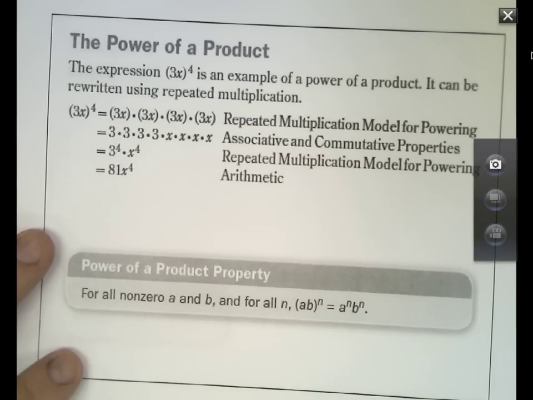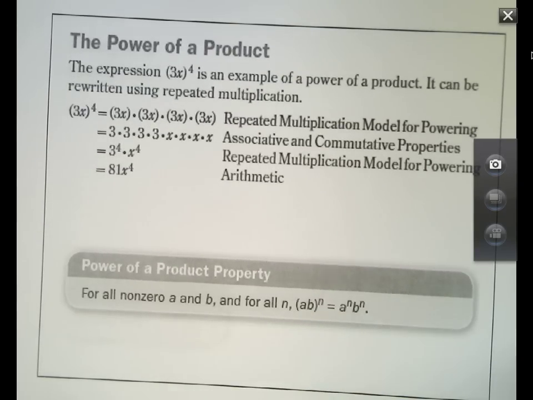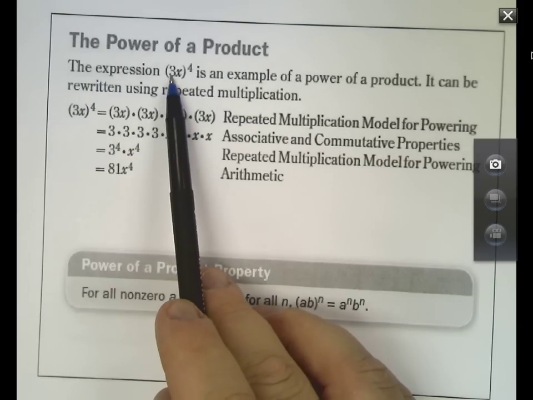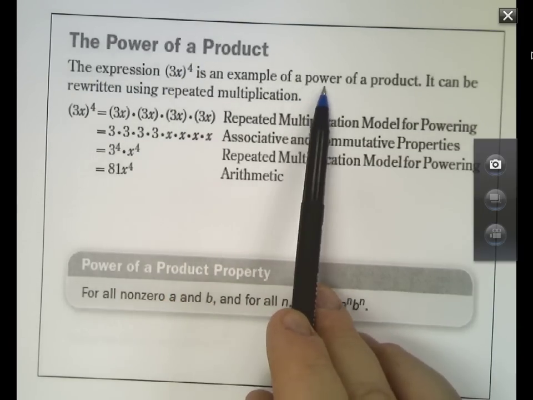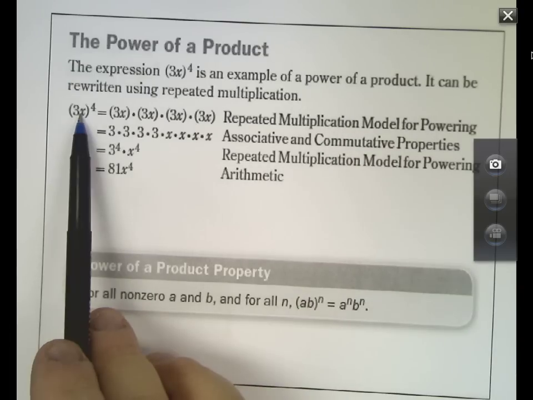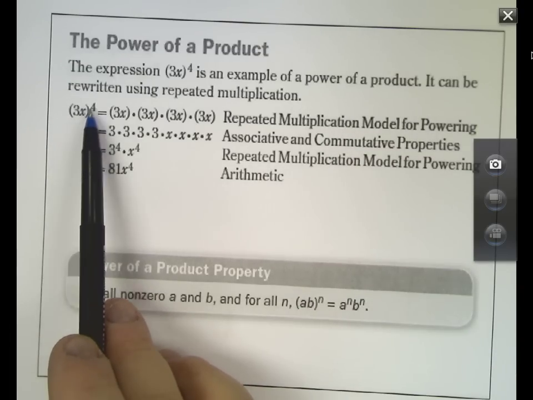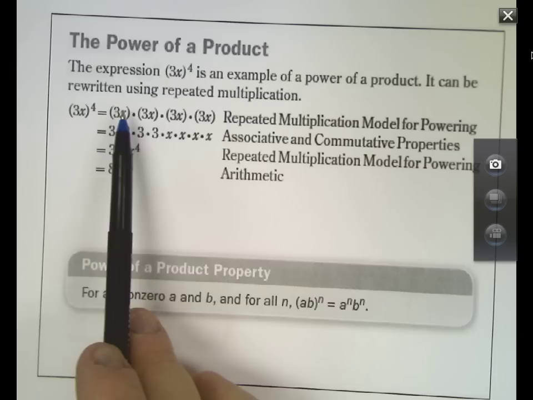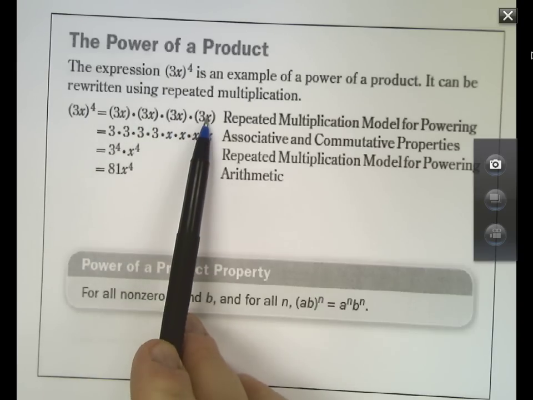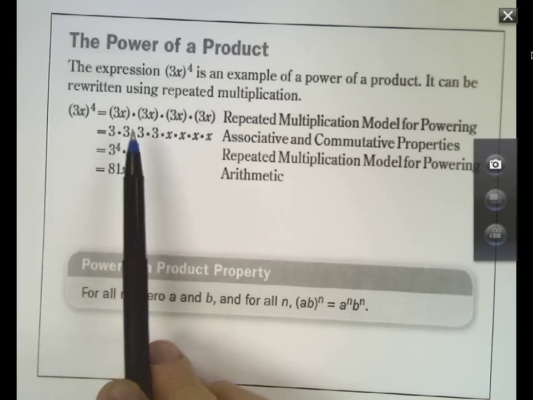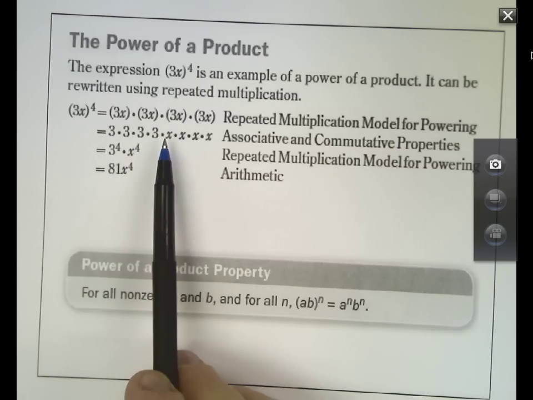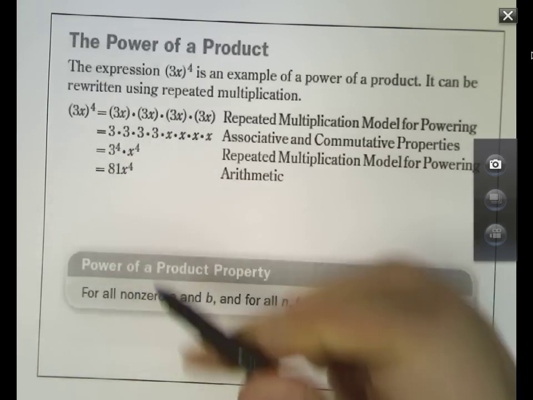So let's look at this. Power of a product. The expression the quantity 3x to the fourth power is an example of power of a product. What this means is you have 3x 4 times: 3x times 3x times 3x times 3x. So you have to take 3 times 3 times 3 times 3, which is 81. X times x times x times x.